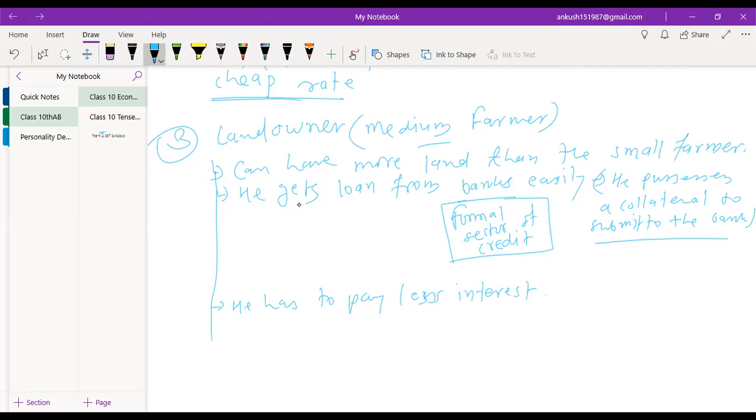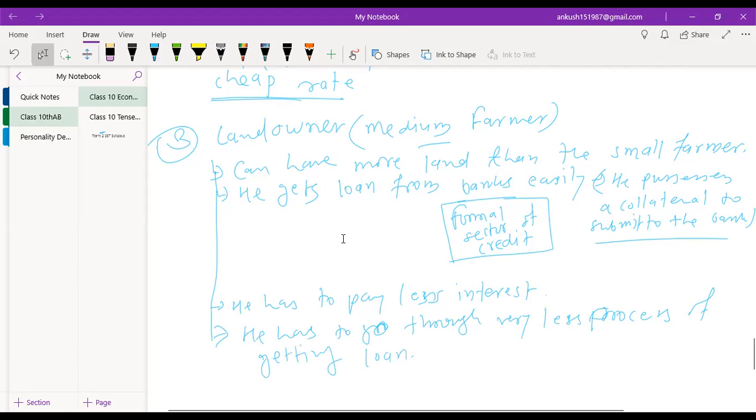And he has to go through very few processes of getting a loan. Understood?